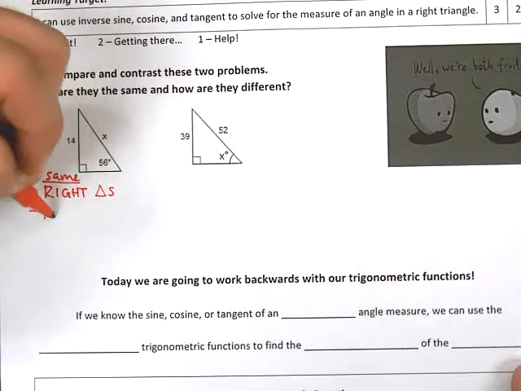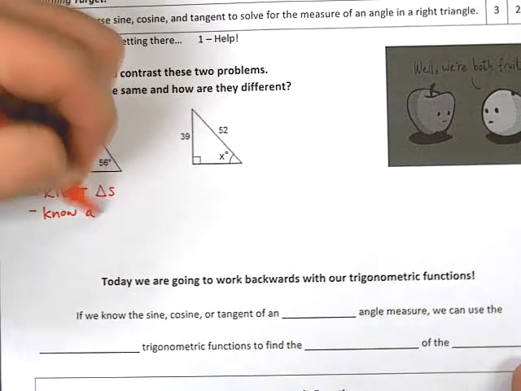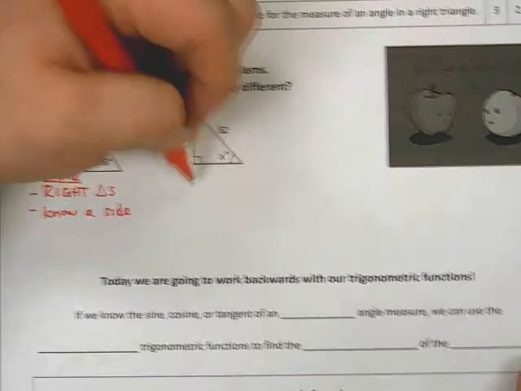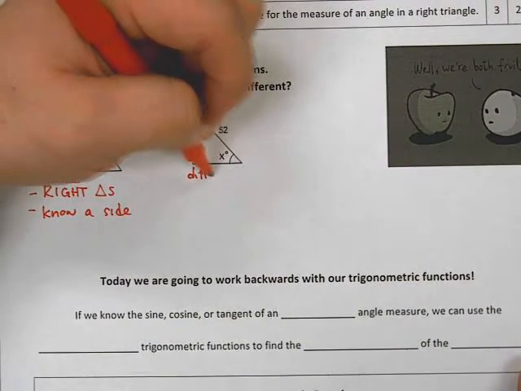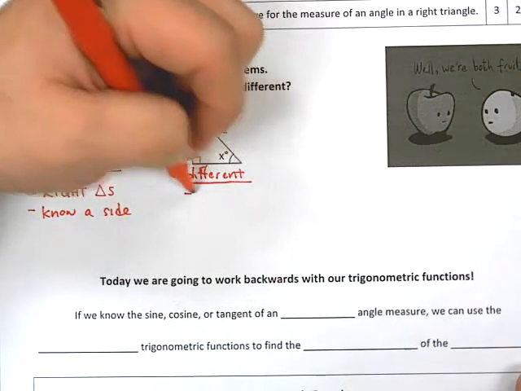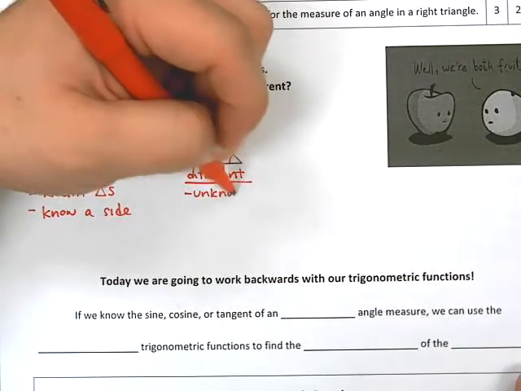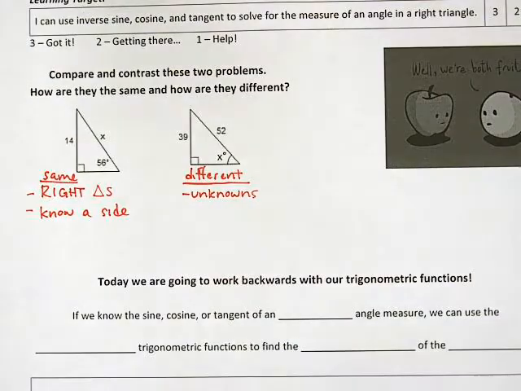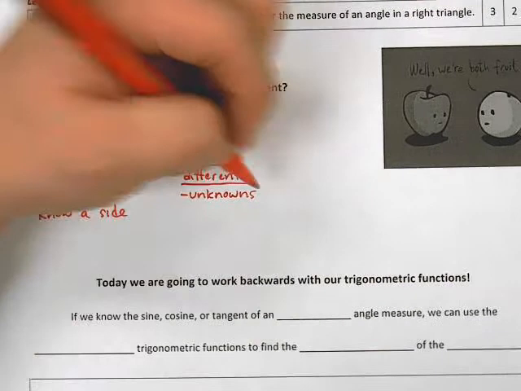We know a side. But what is different? The unknowns. And that's the big thing. The unknowns are different. Alright? And so this is what we need to work with today.